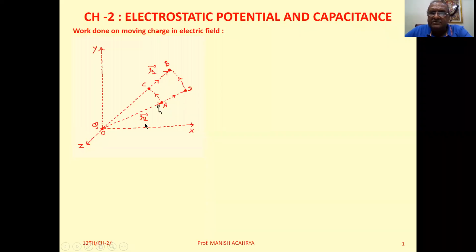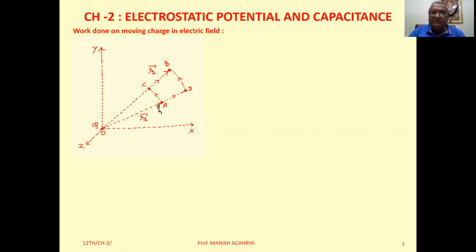Now suppose, as shown in the figure, you see a point charge capital Q placed at the origin of the Cartesian coordinate system. In the surrounding of it, the electric field of this charge Q is prevailing.